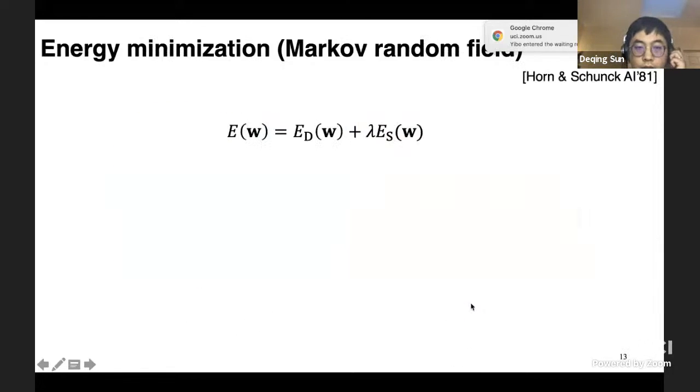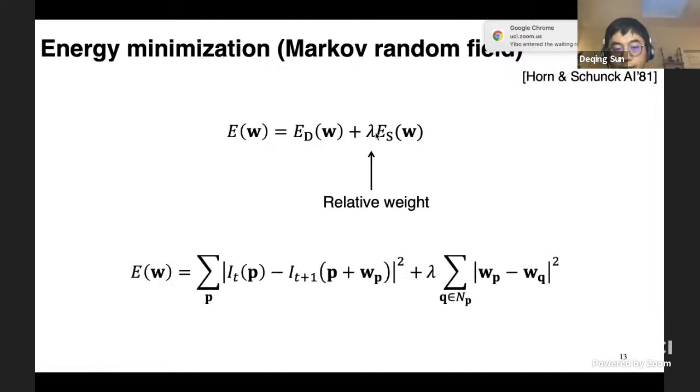And Horn and Schunck introduced this variational, or energy minimization, approach to couple these two assumptions, the brightness constancy and the spatial smoothness. Here lambda is a relative weight for the trade-off.